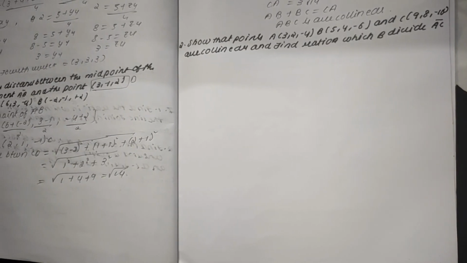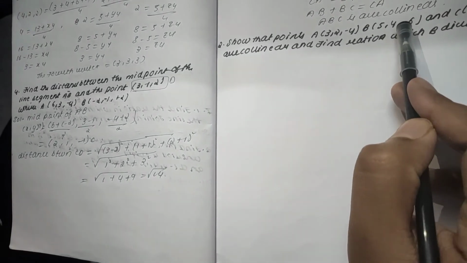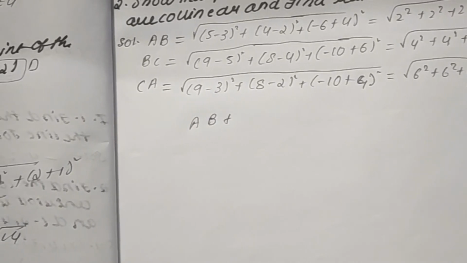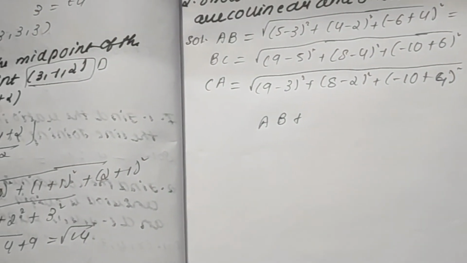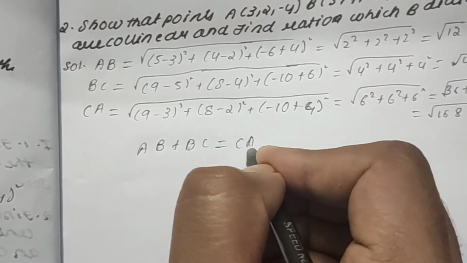I hope you have understood the previous sum. So let's go to the next sum, which is given that show that the points A (3, 2, minus 4) and B (5, 4, minus 6) and C (9, 8, minus 10) are collinear. So the value of BC is 2 root 12 and the value of CA is 3 root 12. AB plus BC is equal to CA.